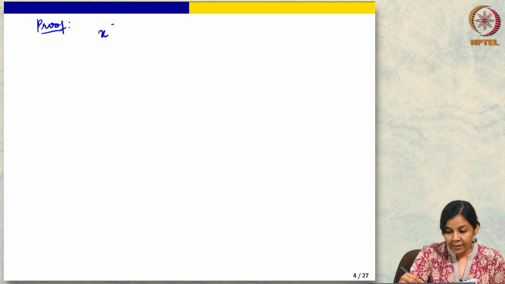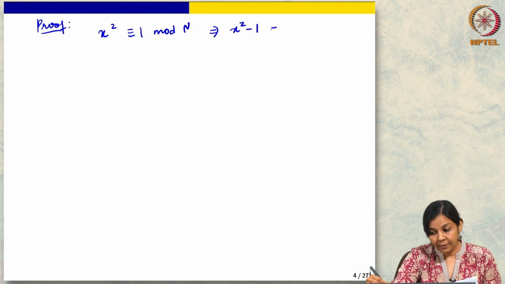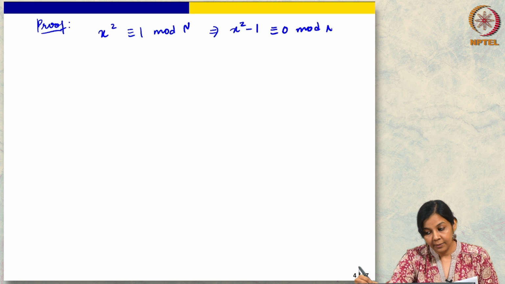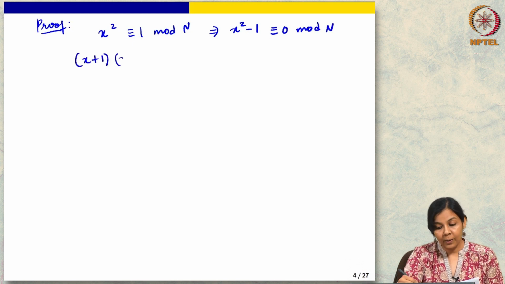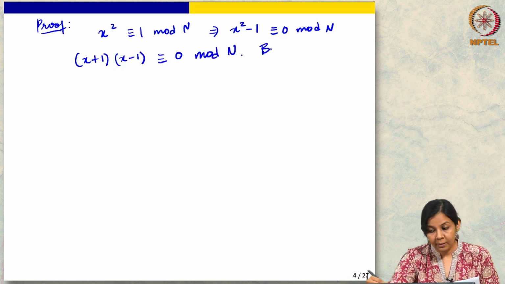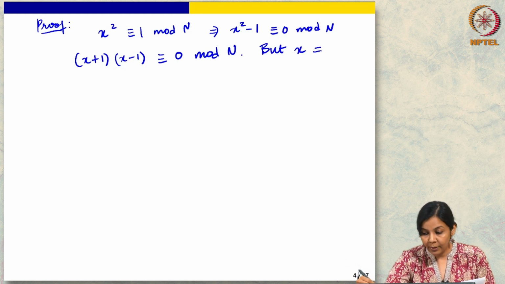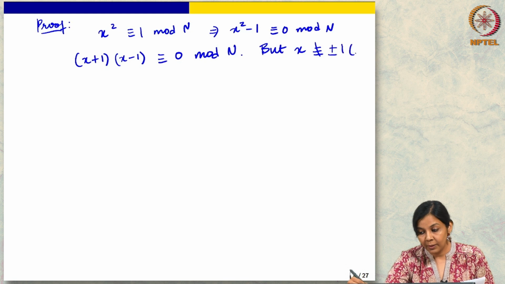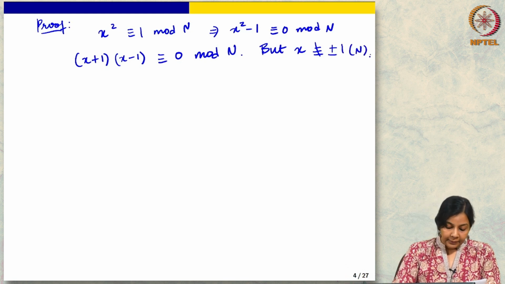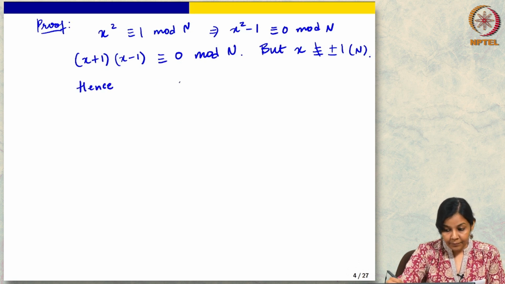Okay, so the proof is really easy. We have that x squared is congruent to 1 mod n. So, this in turn implies that x squared minus 1 is 0 mod n, which means that (x plus 1)(x minus 1) is 0 mod n, but we know that x is a non-trivial square root, right. So, x is not plus minus 1 mod n. Hence, x lies between 1 and n minus 1.